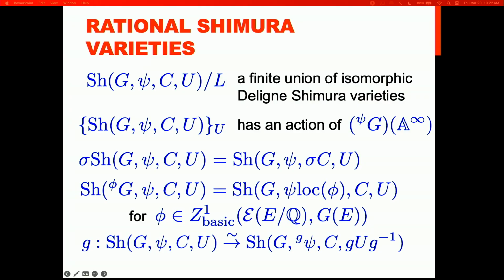And really, in a sense, it only depends on psi, the cohomology class of psi, not psi as a co-cycle. If I replace psi by the change by a co-boundary, so G in the adelic points of G, then I get isomorphic Shimura varieties, but the isomorphism is not completely canonical.